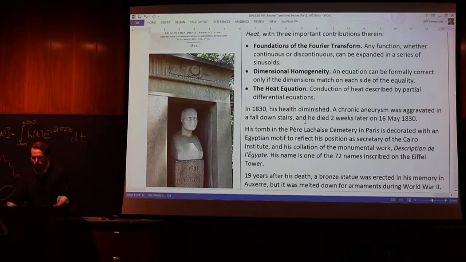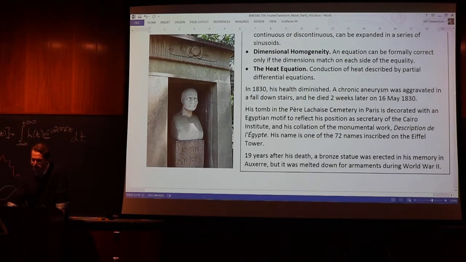He actually lived a reasonably long time. By 1830, he suffered a fall downstairs, which 2 weeks later resulted in the rupture of an aneurysm. Here's his tomb in Paris. You see that he decorated his tomb with these emblems of Egypt.